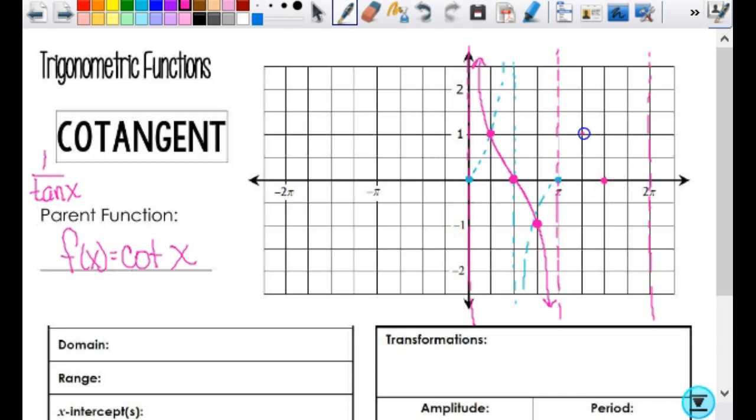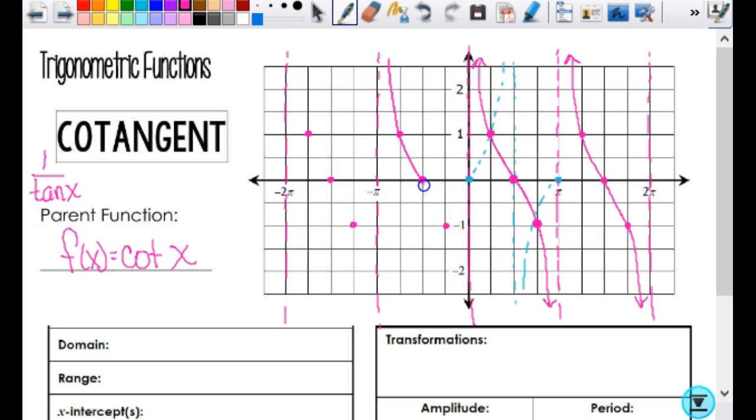Goes here and here and here. Period is pi, so I get an asymptote here and here. These are these. Get 1 and -1.